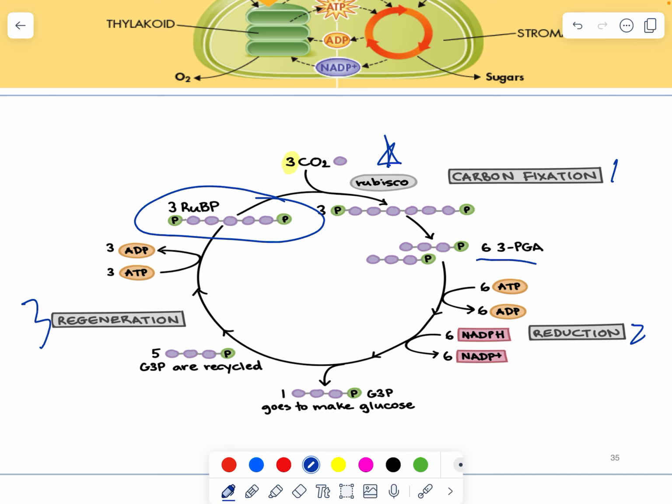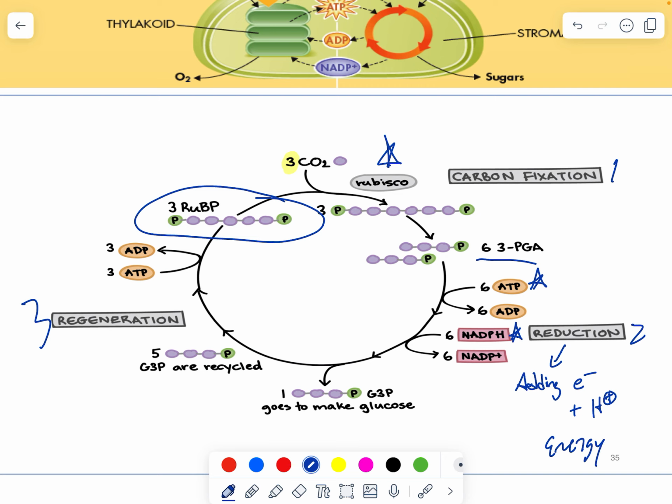But here's what I want you to see. We input energy, and we input power from the electrons, right? Reduction just means we are adding electrons and hydrogens, which has energy, right?